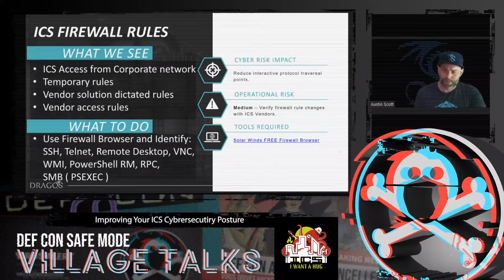And to knock off as many of those temporary or vendor dictated rules as you can. Of course, you want to communicate with your vendor if that vendor is using that for remote access. You want to identify those and make sure they are still able to access, or maybe propose a more secure method if the method that you're using is introducing risk in your environment.